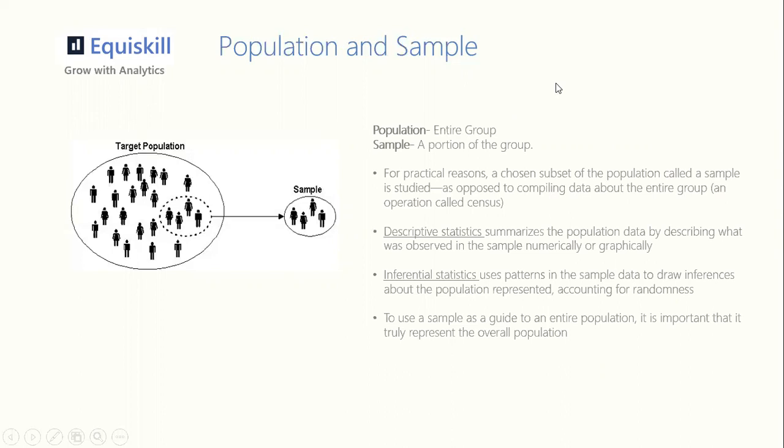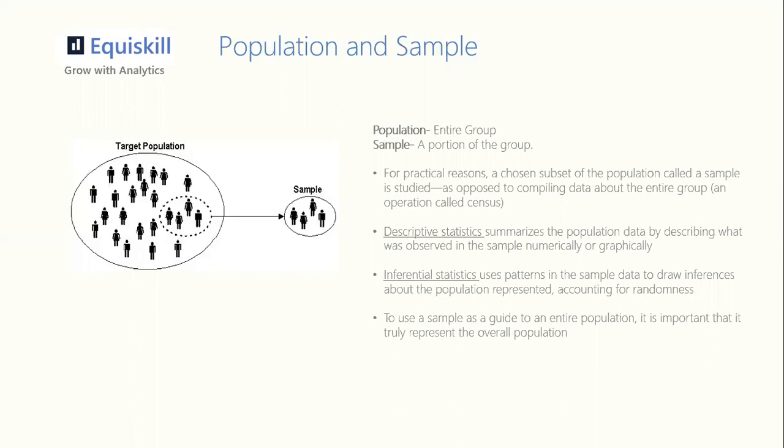So for practical reasons, instead of surveying an entire population of people, we actually pull out a small sample which represents this population. And we use descriptive statistics to summarize the characteristics of the population by actually analyzing the sample. For example, I might want to figure out what is the average height of all the women in this group, but I might not actually measure all the women.